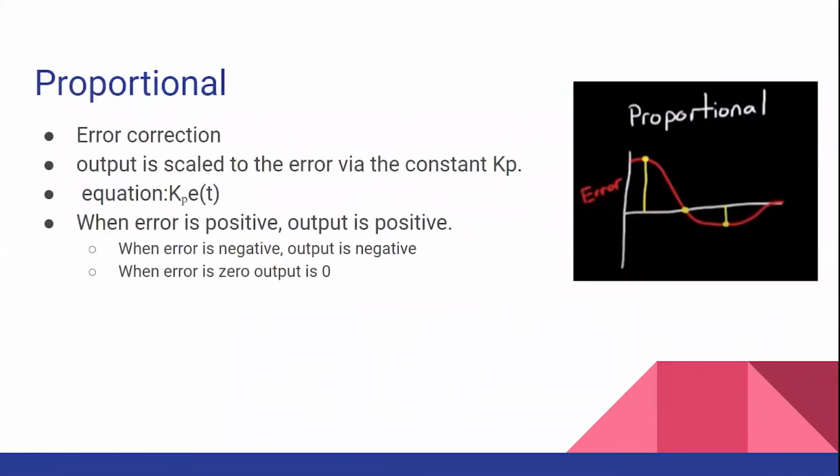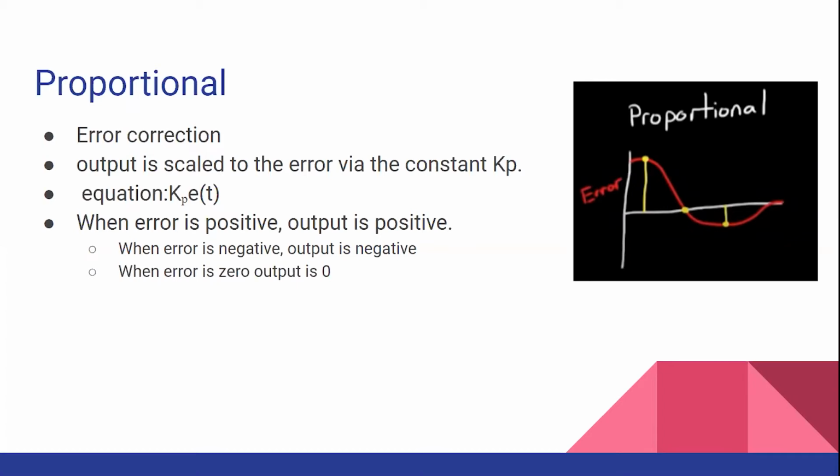First, proportional. So proportional is error correction. A proportional controller is always trying to get the error to 0. So proportional reduces sudden error. It keeps the system stable, and it has some disadvantages.